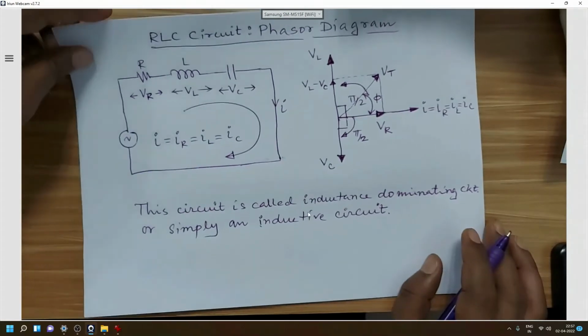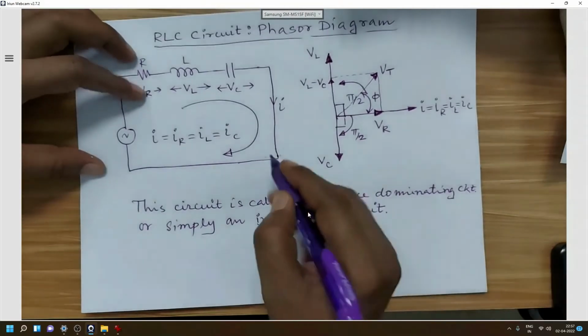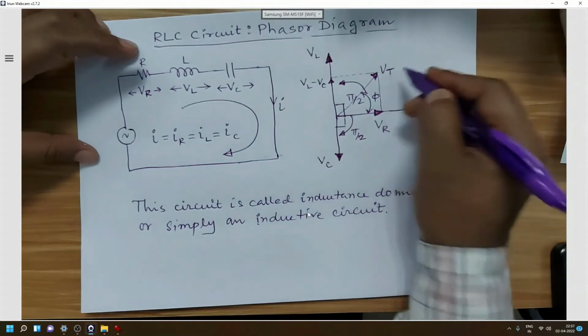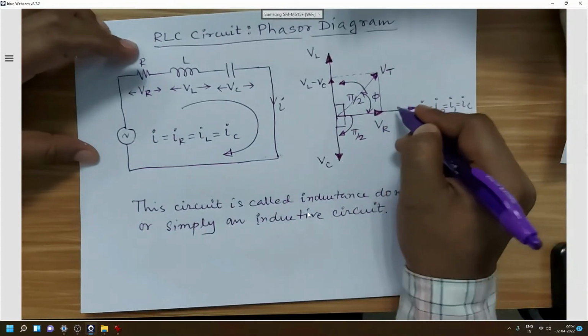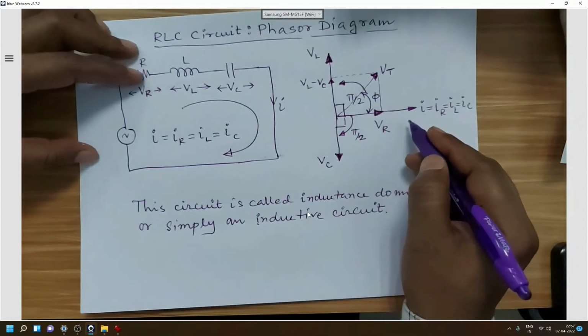That means the resultant voltage, that is VT, will be leading over the current.